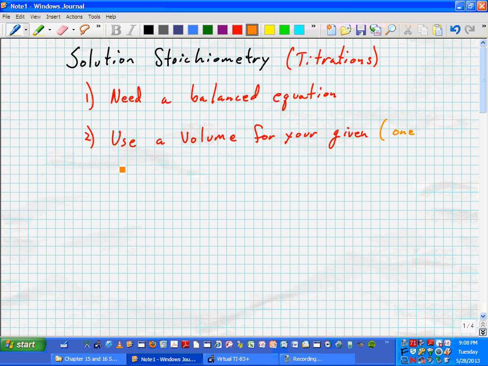One you can convert with a known concentration. Keep in mind, known concentration, moles per liter.